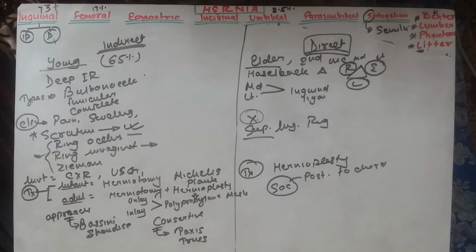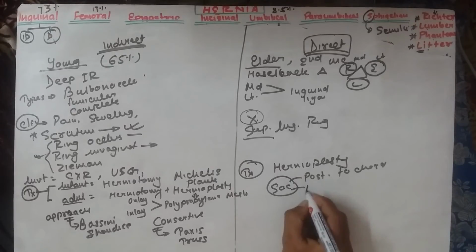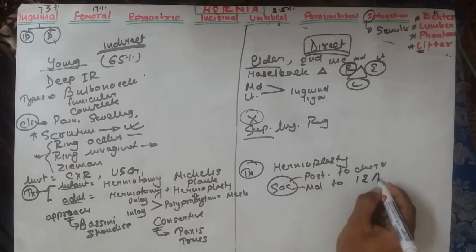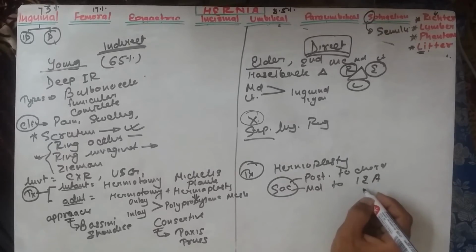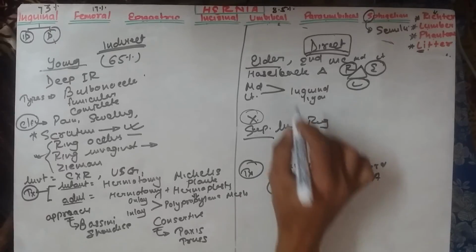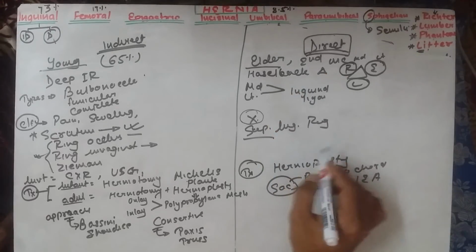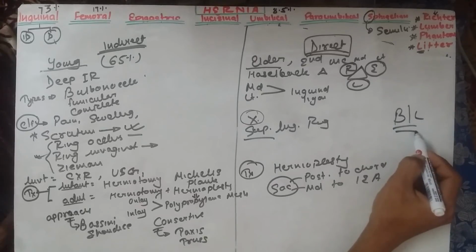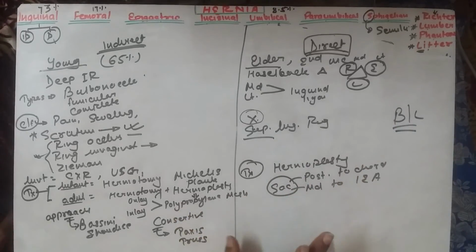And the neck of the sac is medial to inferior epigastric artery. And most commonly the direct hernia is usually bilateral. Okay, so these were some of the differences between the direct and indirect.